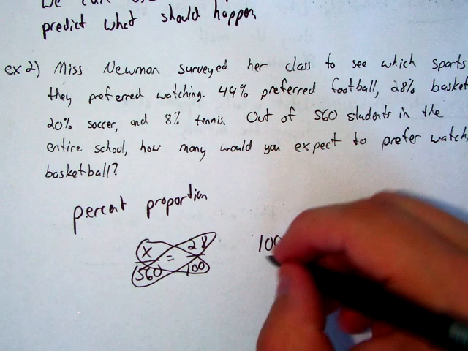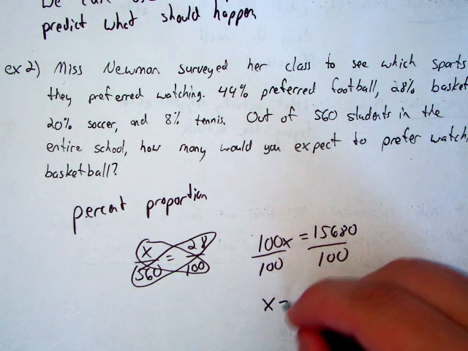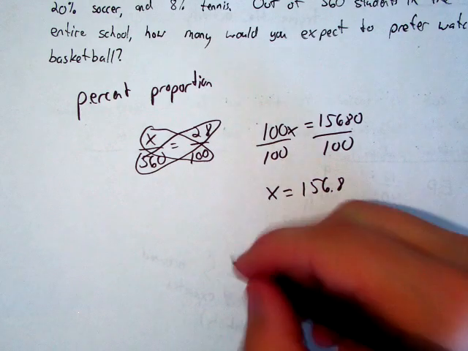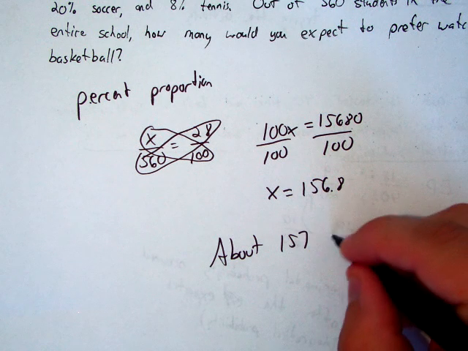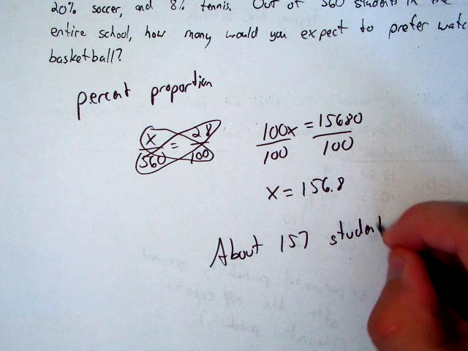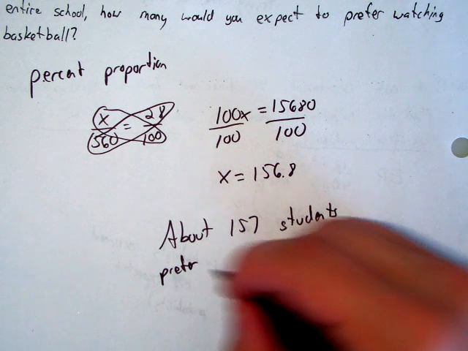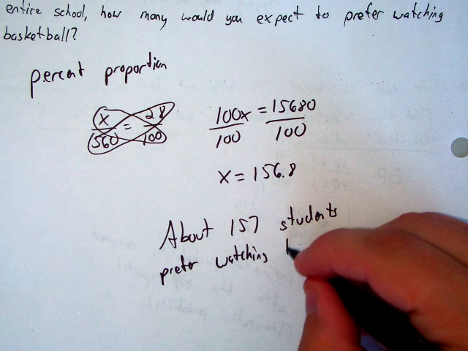We want to solve for x, so divide by 100 on both sides. We get x equals 156.8. So we would expect to see about 157 students who would prefer watching basketball.